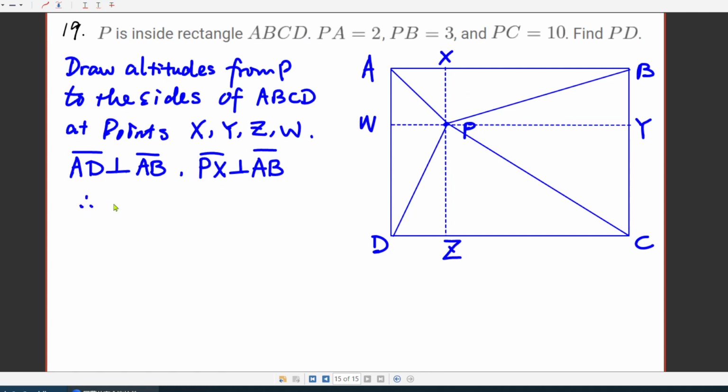Then we know that AD must be parallel to PX. We also know that PX is perpendicular to CD, right? Well, you should use a line here. And therefore, angle XPZ is a straight line, right?